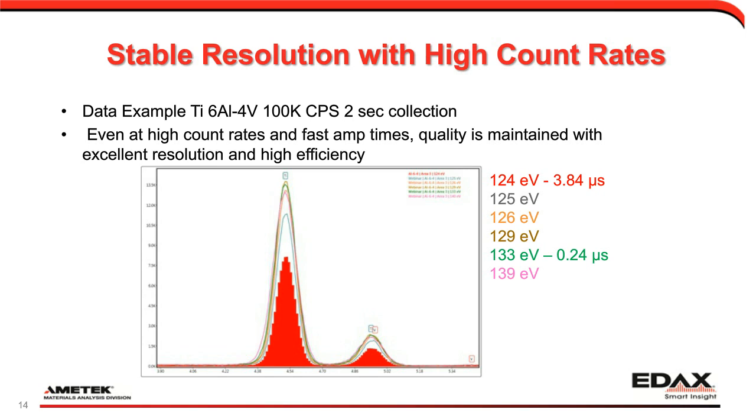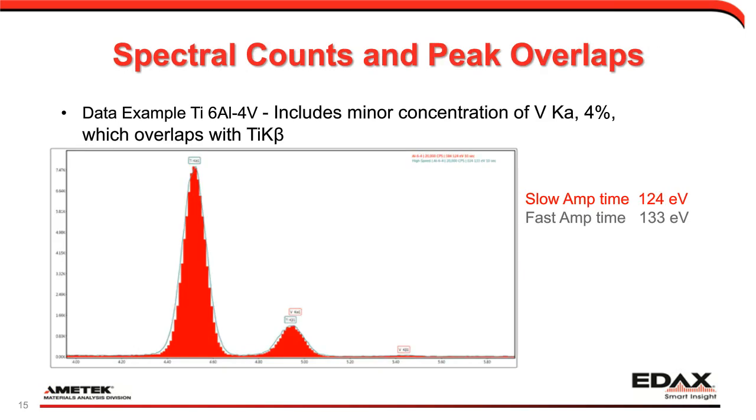That particular detector set was collected with the Octane Elite, which is really the premium performance, which is why we're able to keep all of the resolution values, even at the fastest process time, below 140 EV.